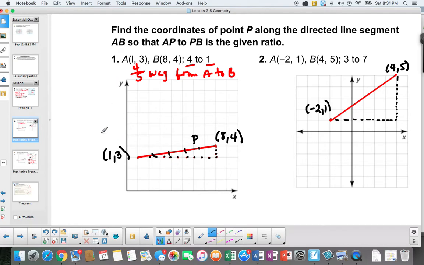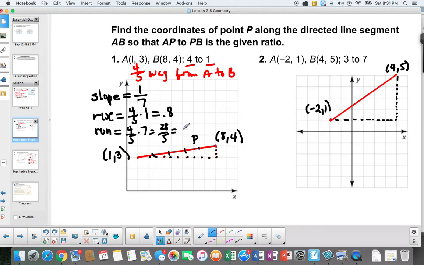And we do it using slope. You can see my rise is 1 and my run is 7. First I'm going to look at rise: 4/5 times 1, which is 0.8. Then my run, which is 4/5 times 7, which is 28/5, and 28/5 is 5.6.